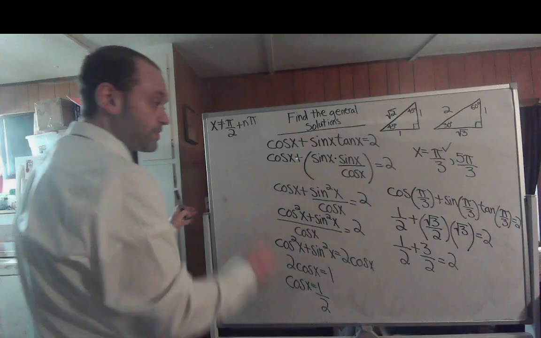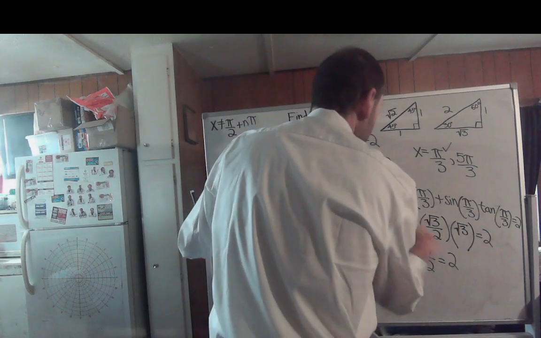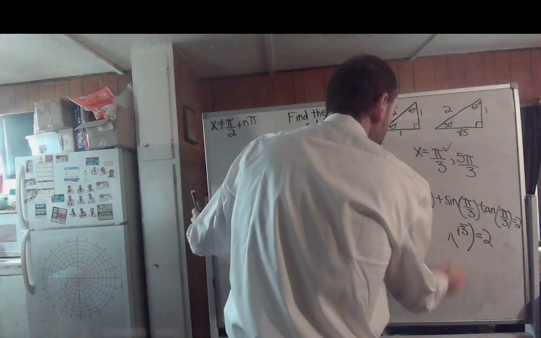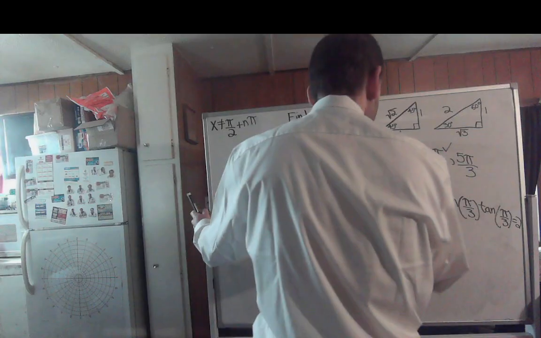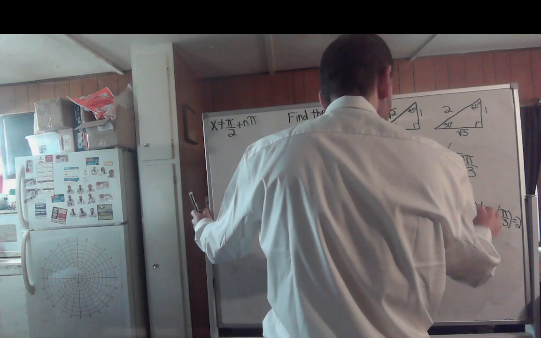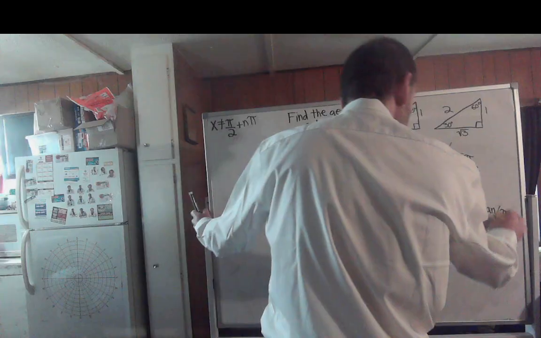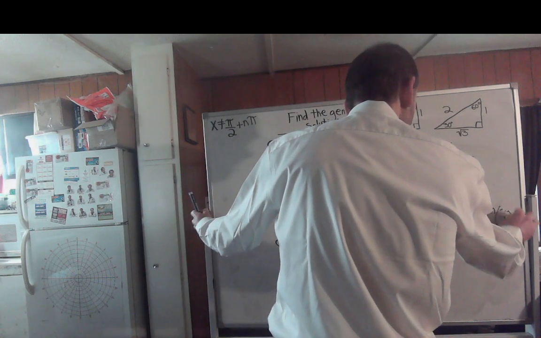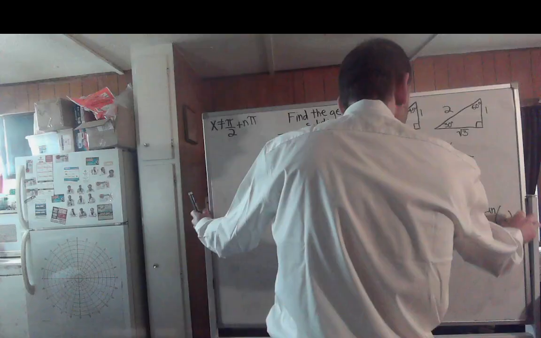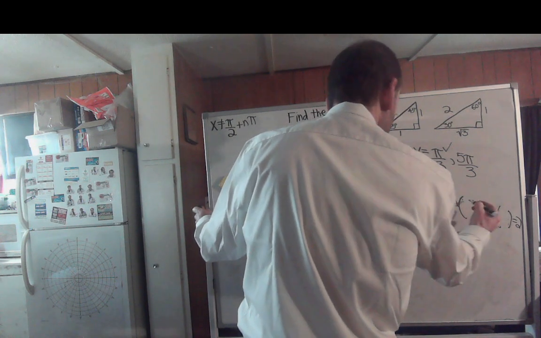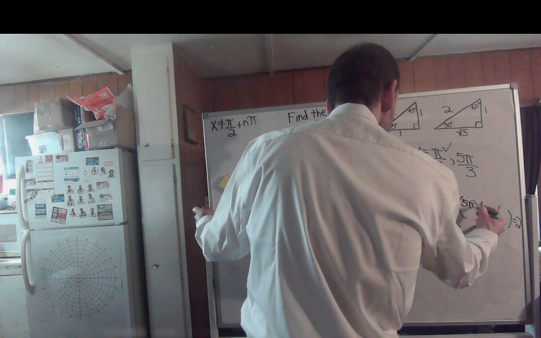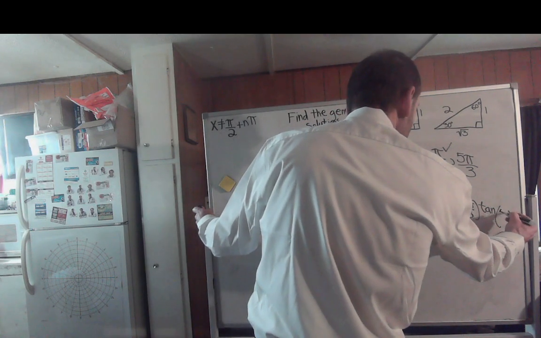However, the question is, will 5 pi over 3 check out? I'm curious about that. We have to determine that. So what is the cosine? Let's see. Let's do the 5 pi over 3, checking for extraneous solutions.